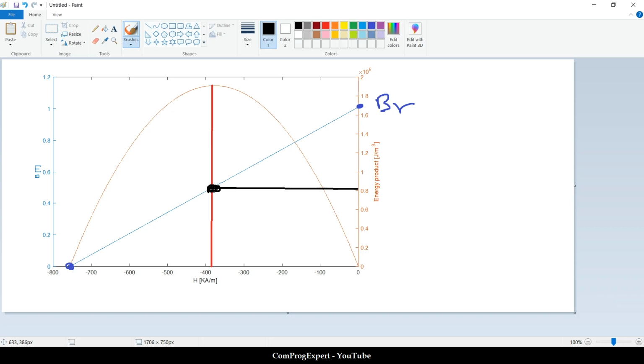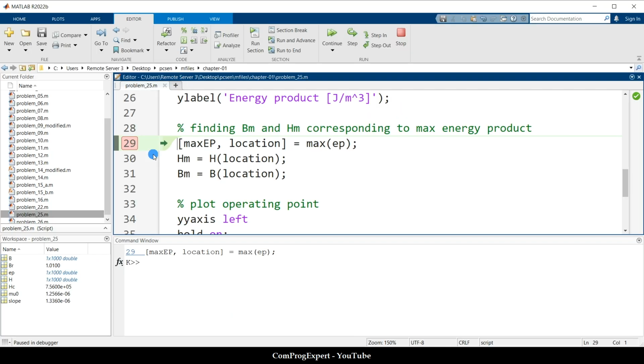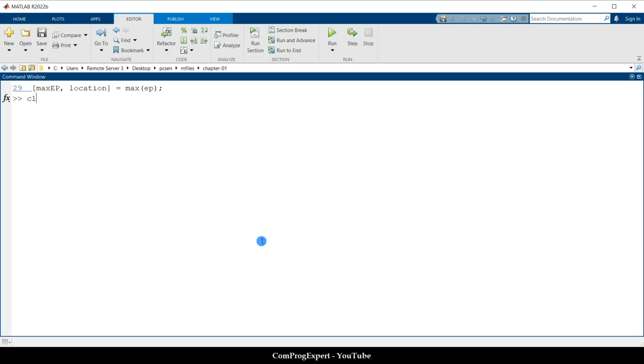So how can we find this point? You know, we have this vector energy product, and we need to find the location that we have the maximum value. So if we consider this vector x equal to 1 5 6 8 3 5 1, what is the maximum value of the x? It is equal to 8.